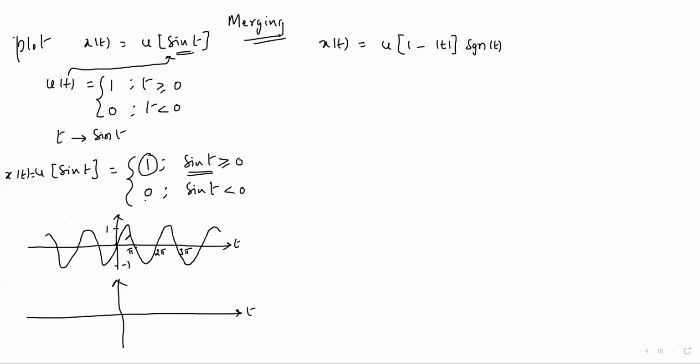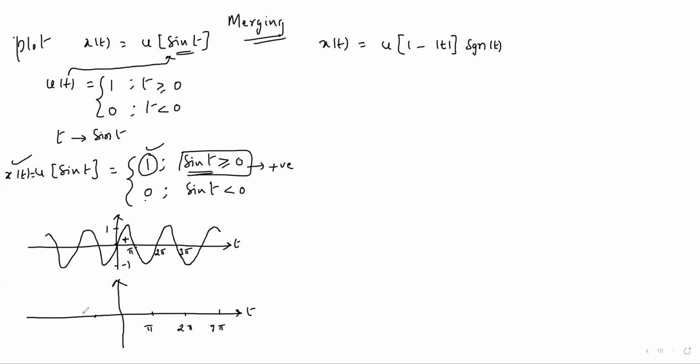From 0 to pi, it has positive amplitude. Whenever sin t is positive, take the x of t amplitude as plus 1. Mark pi, 2 pi, 3 pi like this.